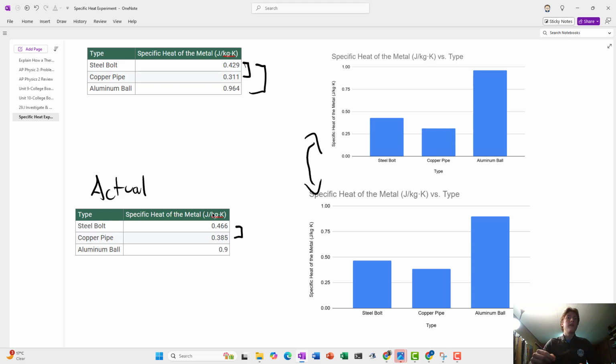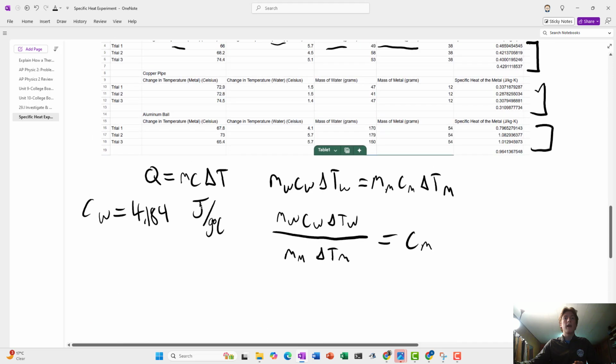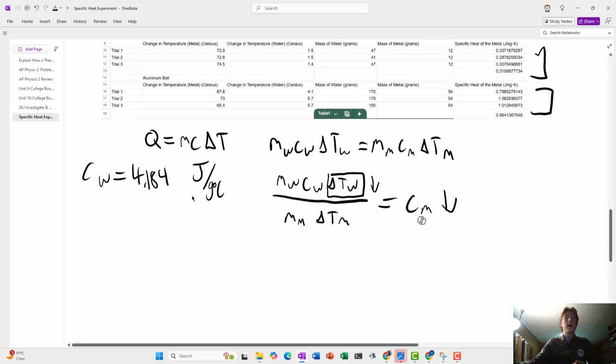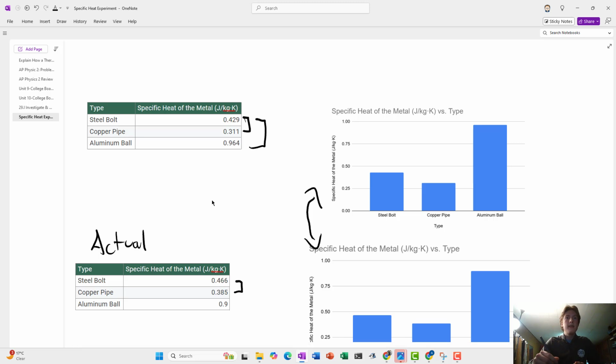And what would this do? This would cause the change in temperature of the water to be less. And if we look back at our equation here, if the change of the temperature of the water goes down, then the specific heat of the metal would also go down, and it makes sense that these specific heats are slightly lower for this table, for these two values, than these two values.